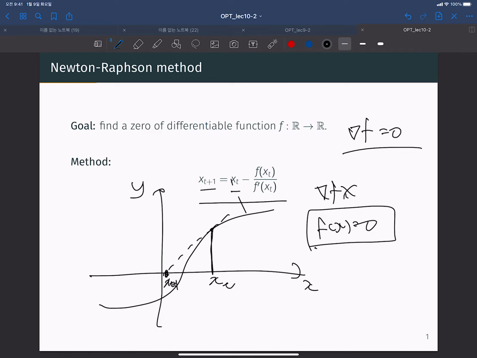The Newton-Raphson method is an efficient method to find this fixed point, f(x) equal to 0. So when we replace f with f prime, and f prime with f double prime, the second derivative, then this Newton-Raphson method can find f prime equal to 0. Okay.